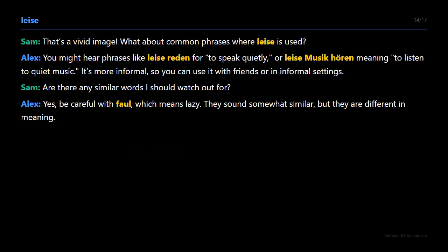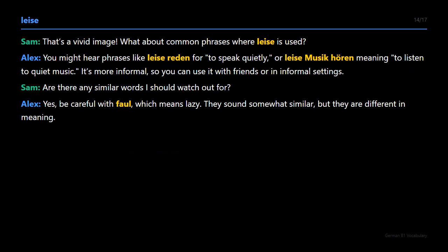That's a vivid image. What about common phrases where leise is used? You might hear phrases like, Leise reden, for to speak quietly, or Leise Musik hören, meaning to listen to quiet music.